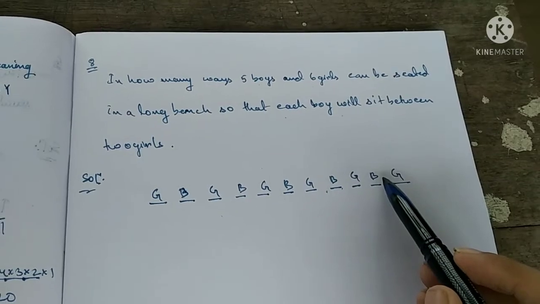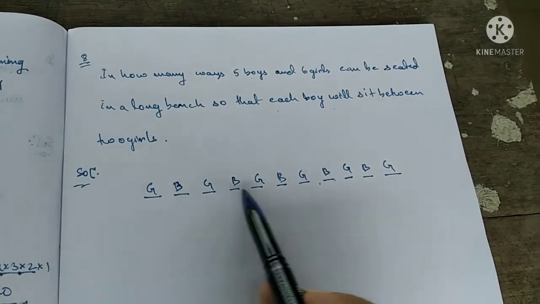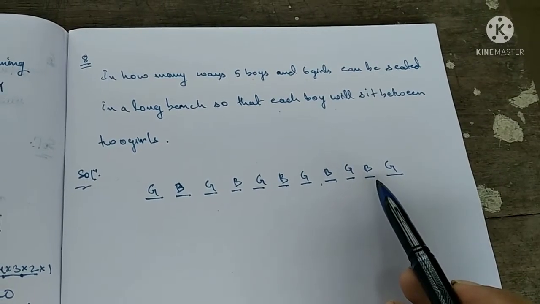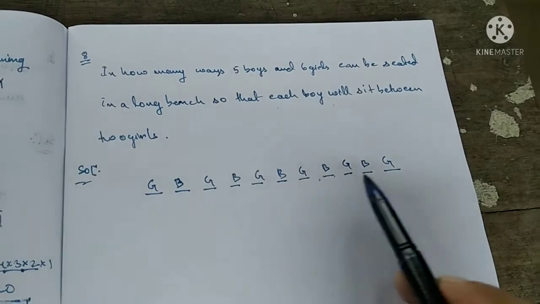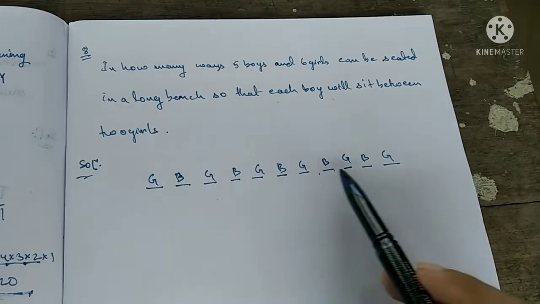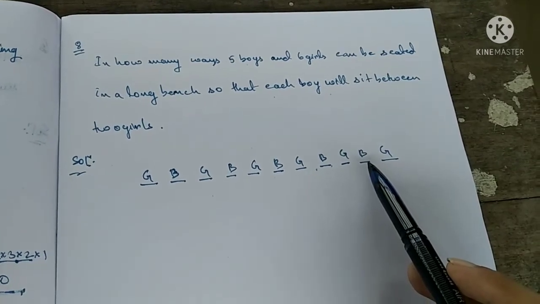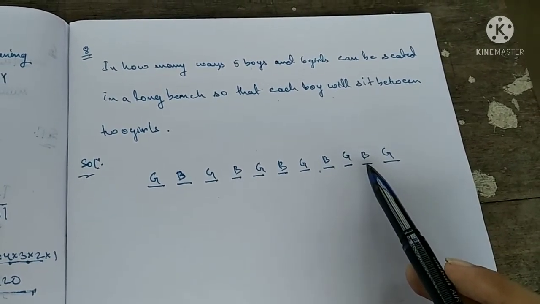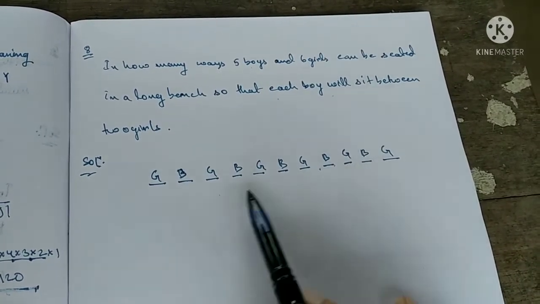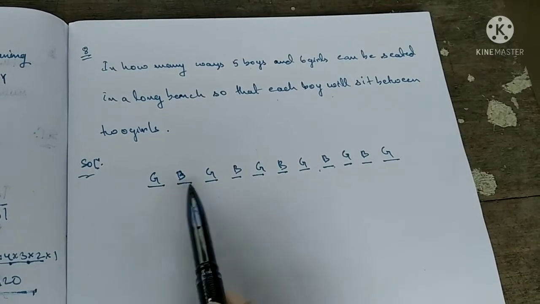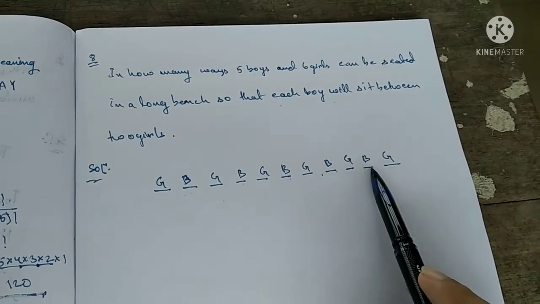Total number of boys is 5, and the total number of ways in which these 5 boys can sit is 5 factorial. Understand? Because total 5 boys are there, and their available seats are these. A boy can sit here, here, here, or here.